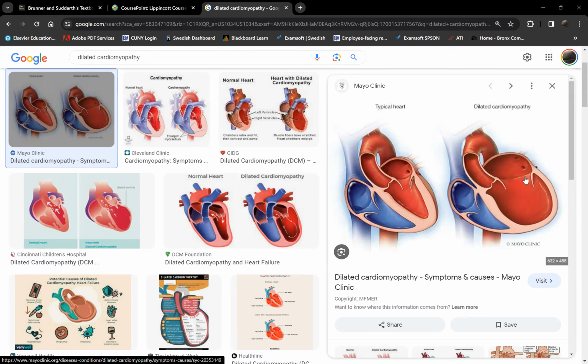Can it meet oxygen demand? Can it sustain ADLs? Or can you walk around with this type of heart? Can you go to the bathroom, take a shower, drive, climb stairs? No.